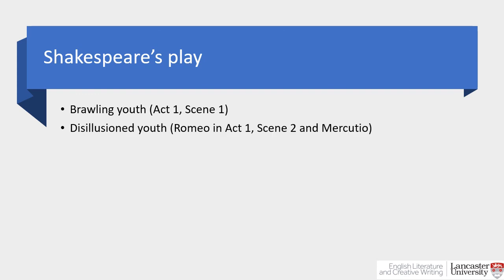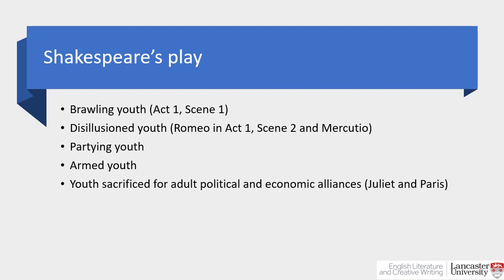We've got disillusioned young people, Romeo in Act 1, Scene 2, and Mercutio later in the play, particularly in the speech he makes with Queen Mab and the fairies in it. We have youth partying, as they do when they go to the feast. We have armed youth. We have youth going around with weapons ready to fight.